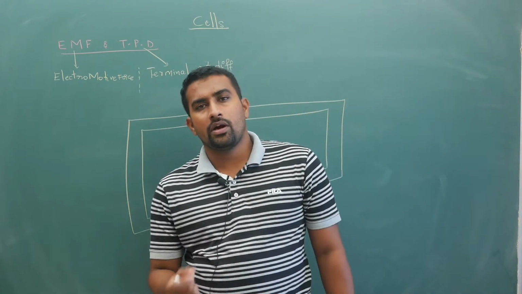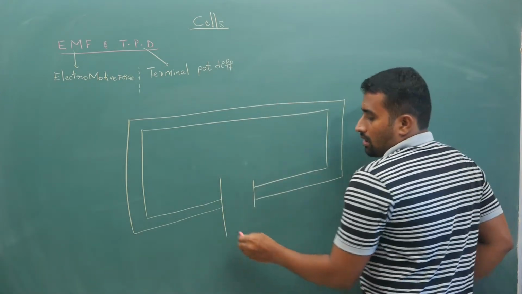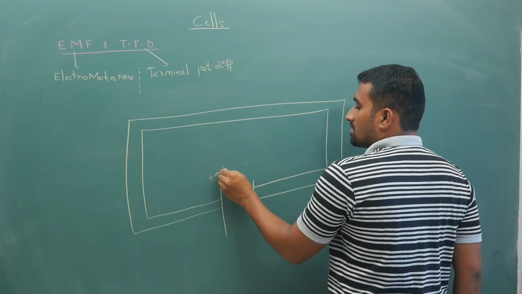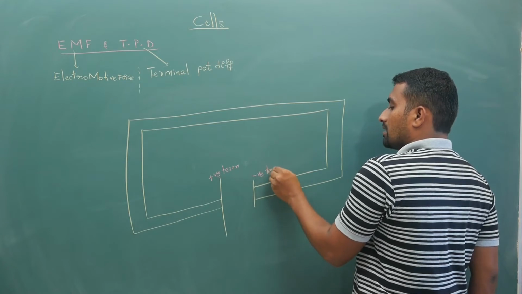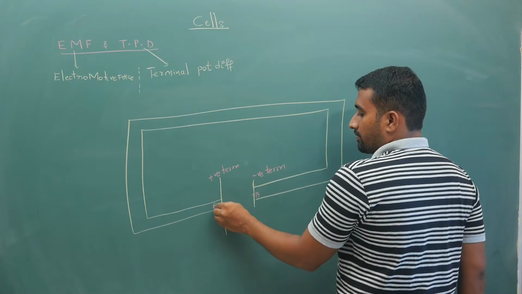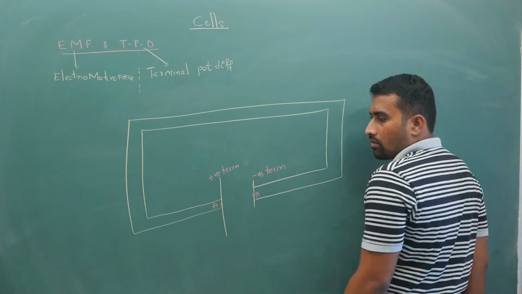An important point I want you to remember: let us say this is your positive terminal and this is your negative terminal, let us say this is A and this is B. Now what happens here, I will tell you.